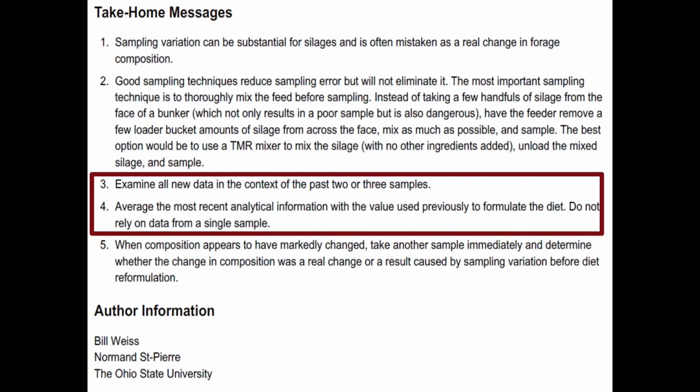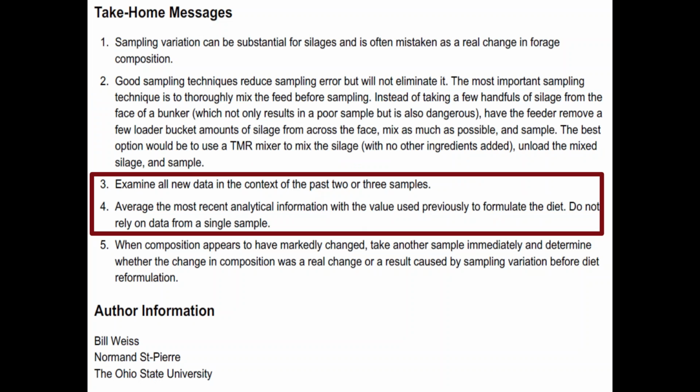And so they've talked about, rather than grabbing the latest sample that's coming out of a bunker silo and totally readjusting the ration based on that sample, to actually take the average of the last 3. So you would average the last 3 NDF values, and then the nutritionist would use that to formulate that ration.